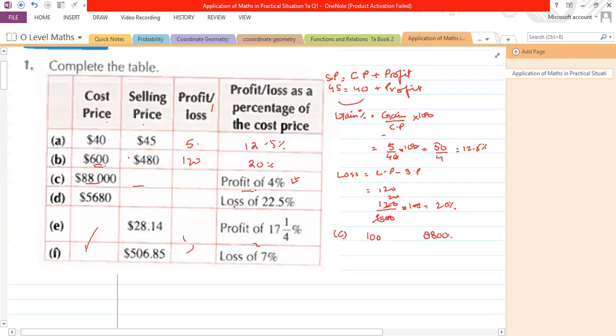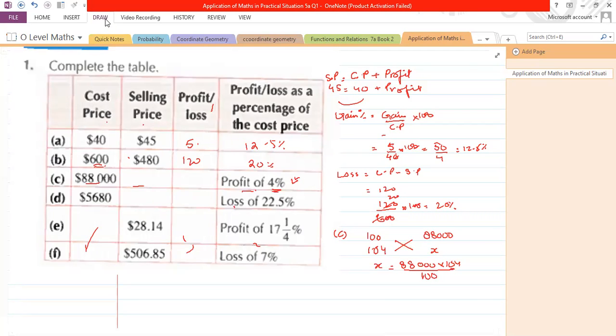This is simple. And when you add 4%, it will of course become 104%. So you do not know what 104% is. Again, we are going to do the cross multiplication. So the equation would become 88,000 multiplied by 104 upon 100.